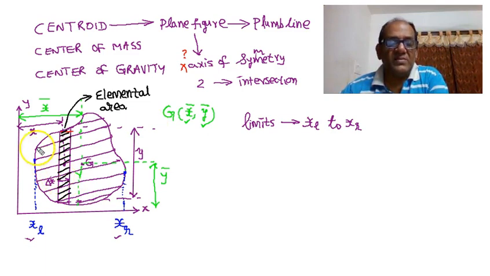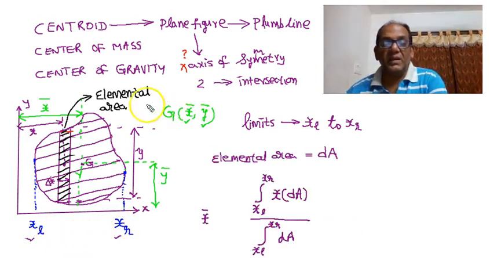We will be considering several such elemental areas at varying distances. At x1 you have an elemental area of area A1. At a distance of x2 you consider another elemental area A2, and so on. We repeat the process for all values of x between xL and xR.